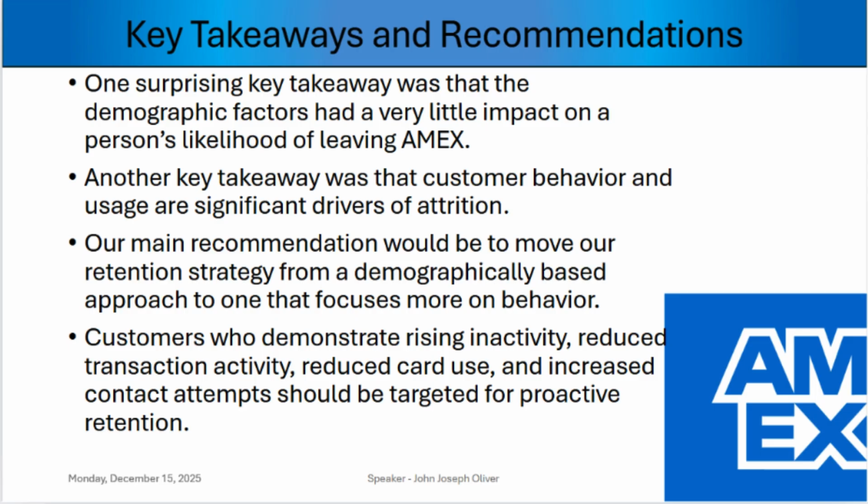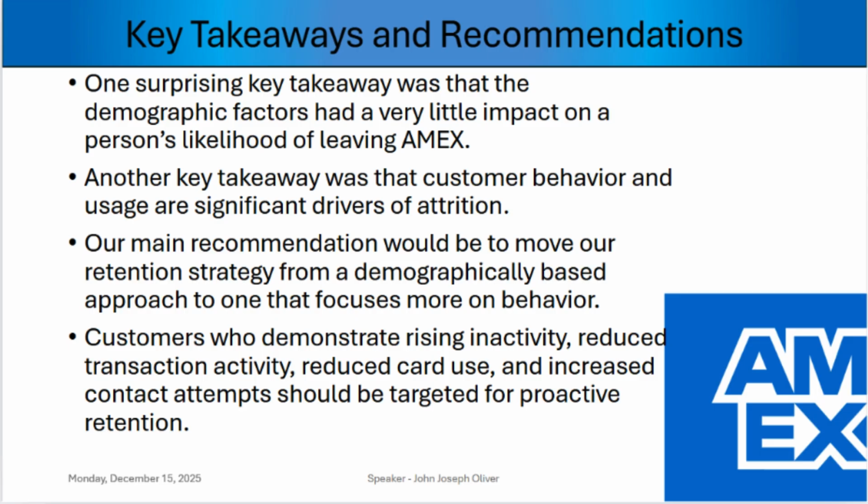The strongest variables with the most predictive power include months inactive, transaction activity, utilization ratio, customer contacts, total relationships, and credit limit. One of the recommendations we have is to focus retention efforts on behavior and usage rather than demographically, which will provide us with more accurate predictions.